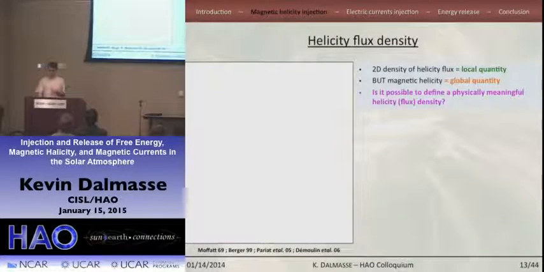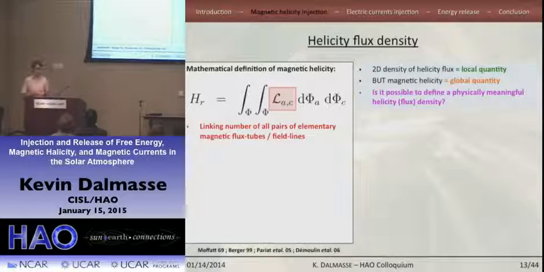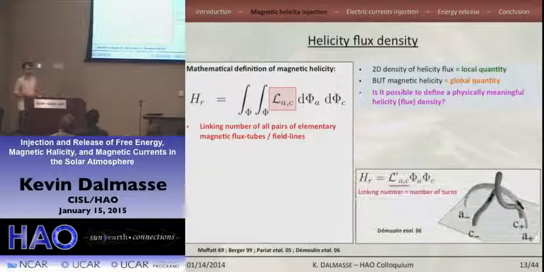Well, to answer this question, we can start by taking the mathematical expression of magnetic helicity. This equation shows that helicity is a double integral over the magnetic flux of a quantity called L_AC. L_AC is the Gauss linking number, and in the context of magnetic flux, it gives you the number of times that a magnetic field line A or C is turning around another magnetic field line.